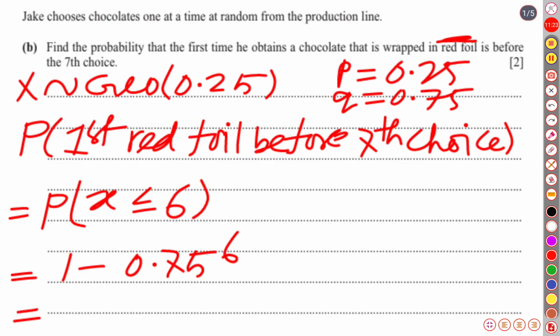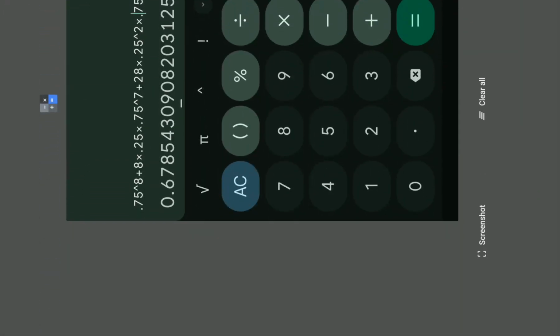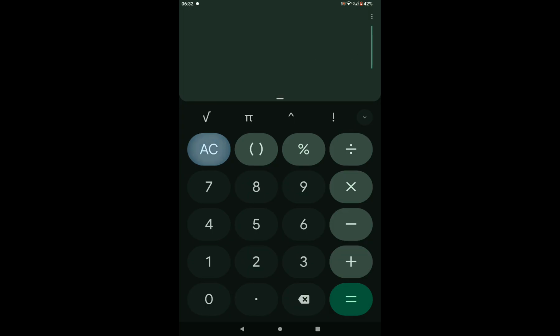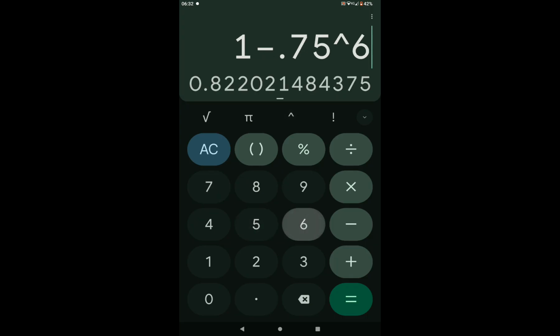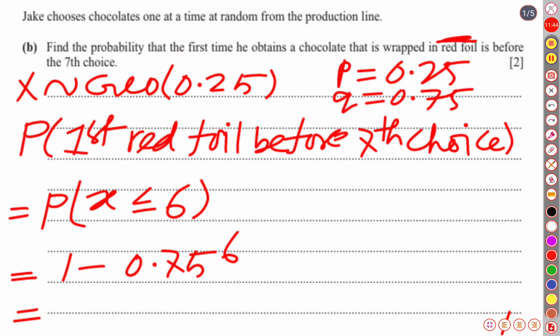Let us use our calculator. 1 minus 0.75 raised to 6. The probability of choosing a red foil chocolate before the seventh choice is 0.822.